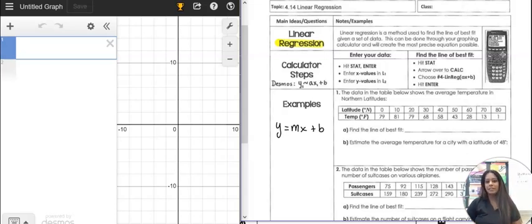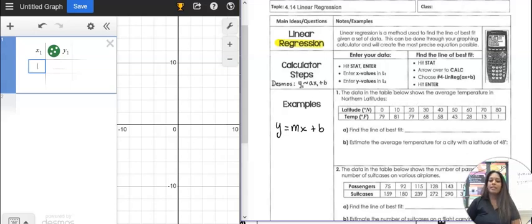The first thing you're going to do is you need to be able to enter all of this data in Desmos. So to do that, we're going to press the Add Item, the plus button, and then we're going to choose Table. And then we're going to plug in our values. So the top here are going to be my x values.